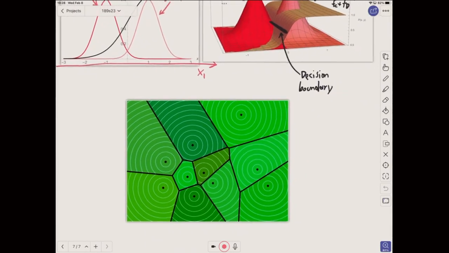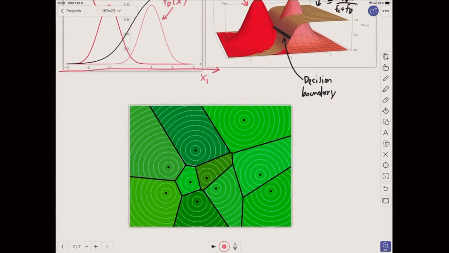So this kind of looks like the previous Voronoi diagram, but now, since we're doing LDA, since we are assuming that every class has the same variance, that means we're only going to have linear boundaries between two different classes. So all of the curves have become straight lines in this image. But you still have lots of branching because we have multiple classes meeting each other at branch points.